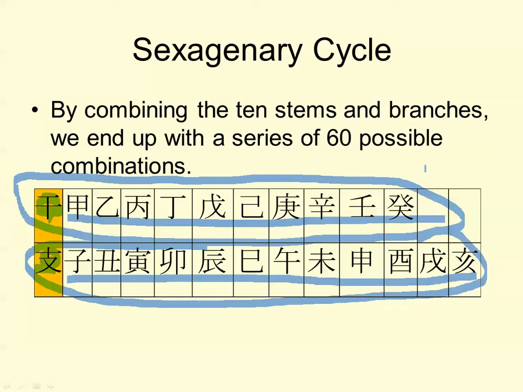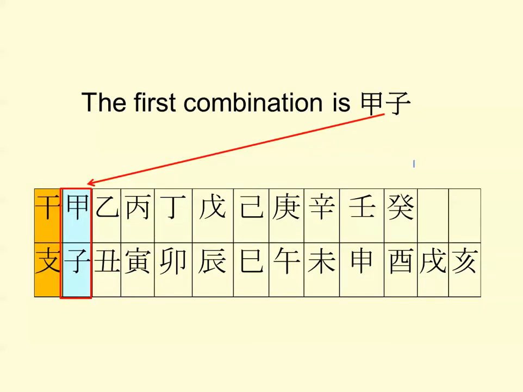And as I wrote on the slide, we end up with a series of 60 possible combinations. Let me be more explicit about what I mean there, okay? The first combination takes the first two characters of both categories and puts them together. This is it right here. Kinoe ne. Okay? The Chinese pronounce this the jiazi.